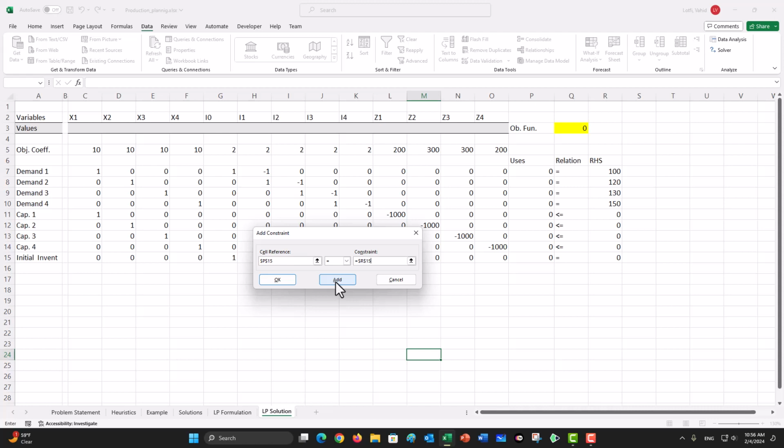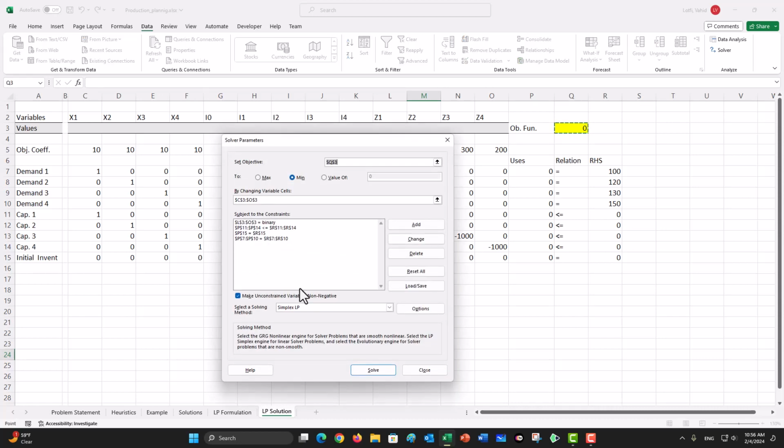So we'll go ahead and add one more, and this time I'll select the values for the z variables, and the relationship I select is binary, and I don't need the right hand side, and just click OK, and my linear programming formulation is complete.